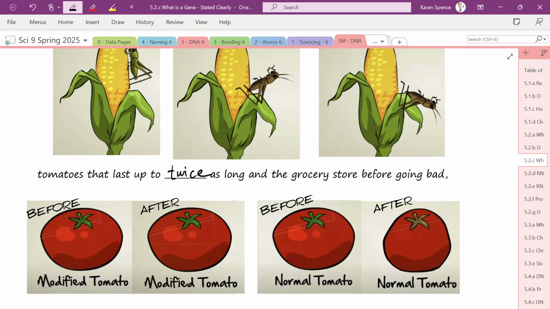On the other hand, lots of people complain that the tomatoes that you get in the store lack flavor. They're not as good as the ones you can just grow in your garden, right? People love the heirloom tomatoes. I don't know. I personally think that tomatoes are a sour, mushy hell fruit, but lots of people love tomatoes. So sometimes it's nice to have the normal tomato, even though it doesn't last as long.